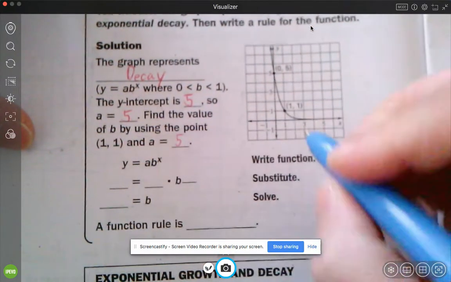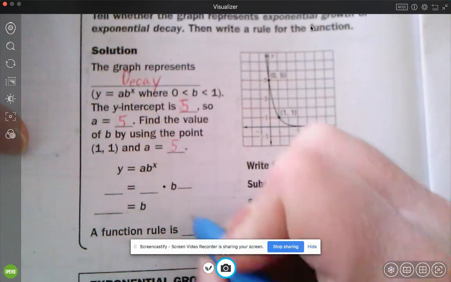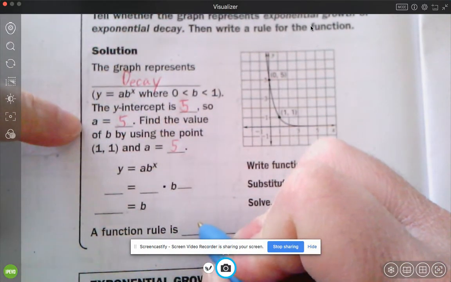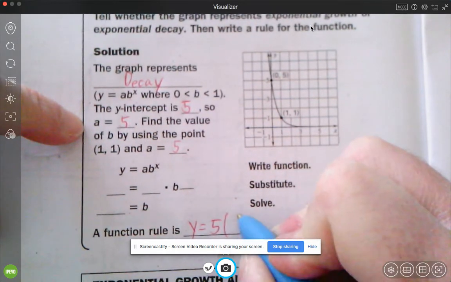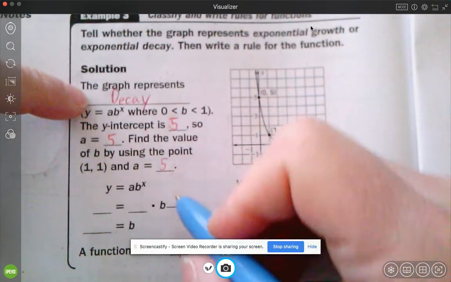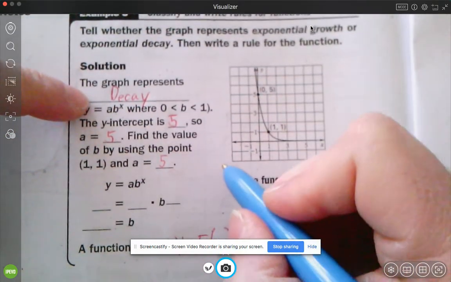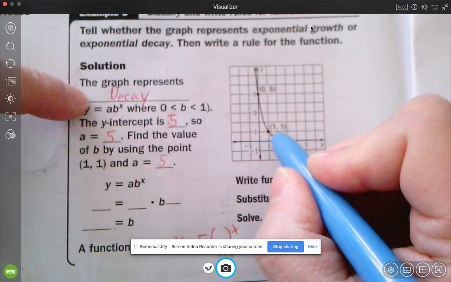All right, so let's kind of think about this. So plug in what we know. We know that our a equals 5, so it's y equals 5. We just really need to figure out our growth factor raised to the x. So if you think about it, what would take us from 5 to 1?